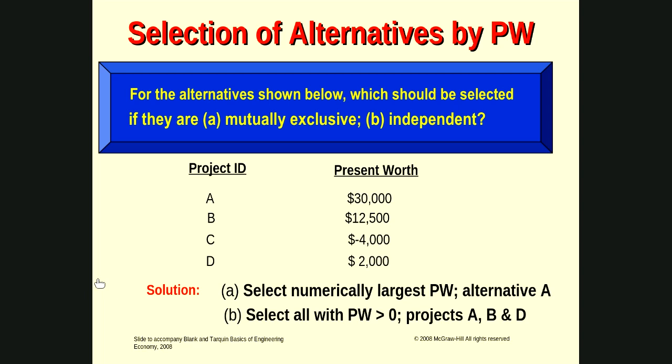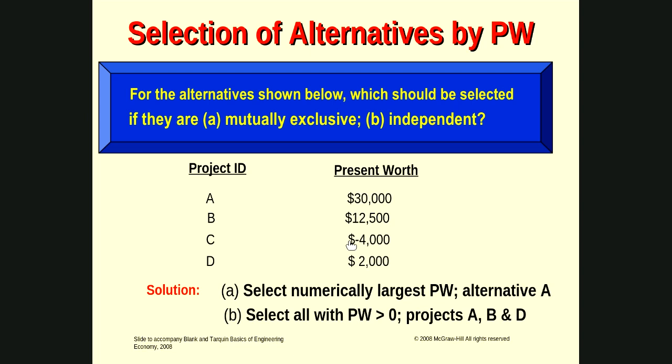Now how do we select the project from among all these four alternatives using mutually exclusive? I have to select one, so which one should I select? Definitely I'm not going to select C because it's a loss project.